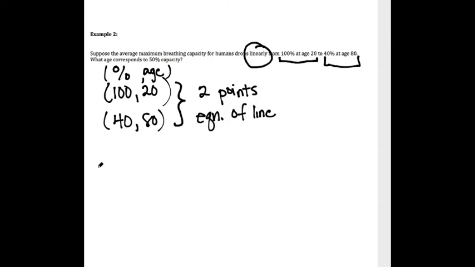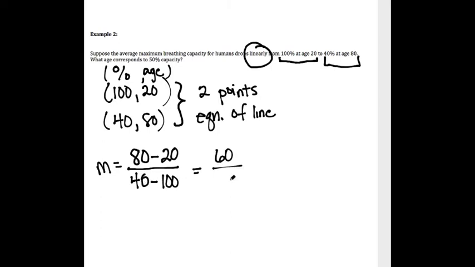Remember, slope is equal to y2, so 80, minus y1, which is 20, divided by x2, which is 40, minus x1, which is 100. So I have 80 minus 20, which is 60, and 40 minus 100, which is negative 60. That leaves me with a slope of negative 1.